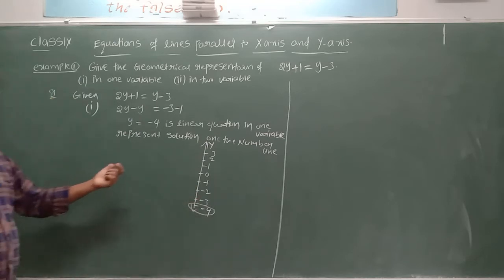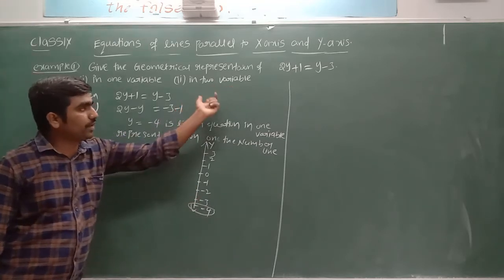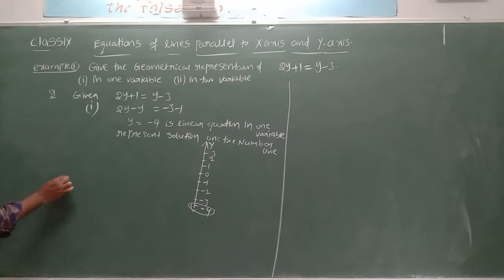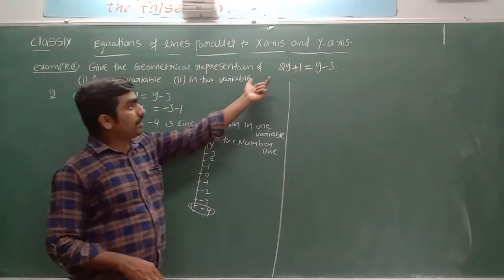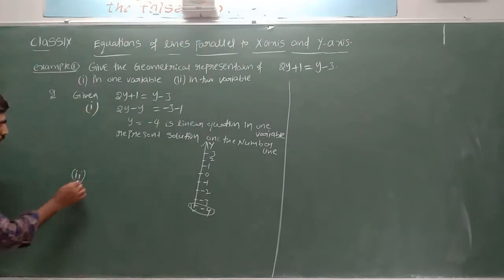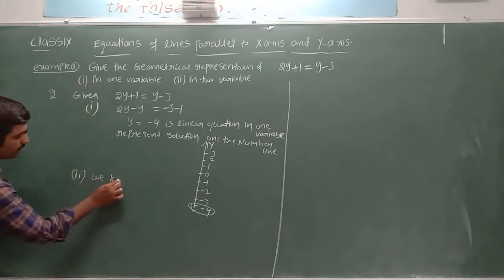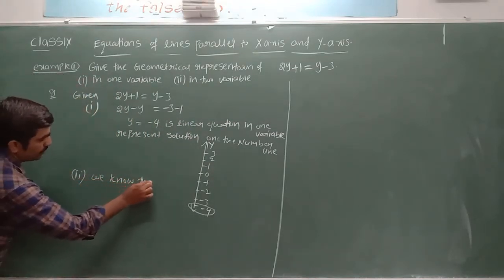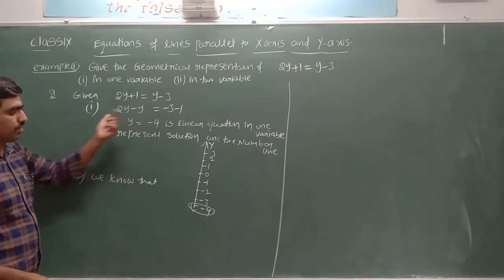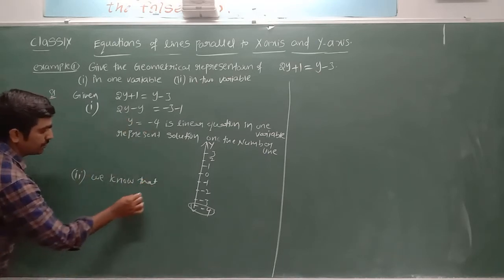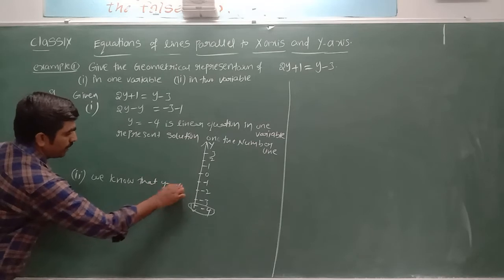That is one variable. If you treat it as one variable, its solution we can represent on the number line. Suppose I want to treat it as two variables. How can I treat it as two variables now? We know that y is equal to minus 4.